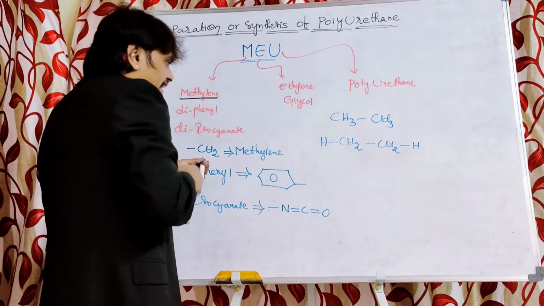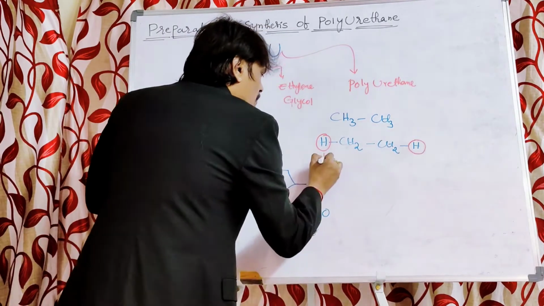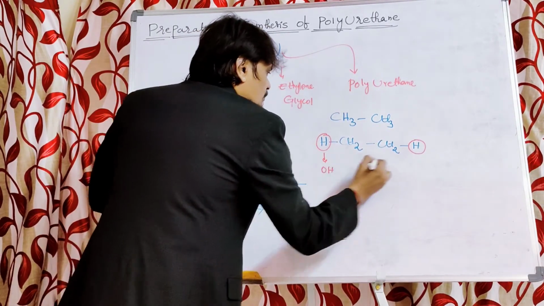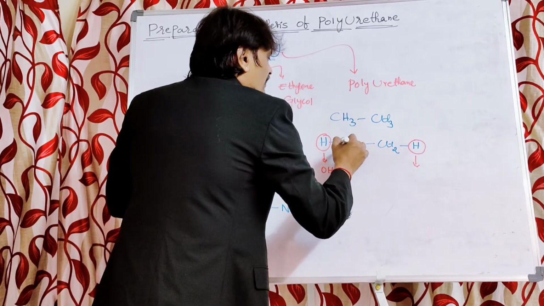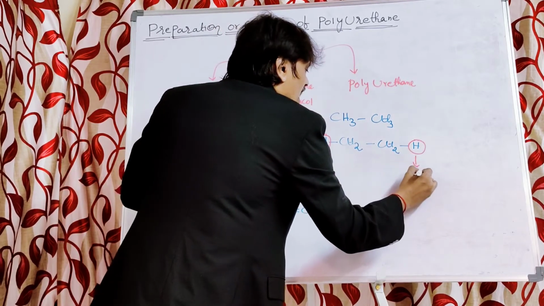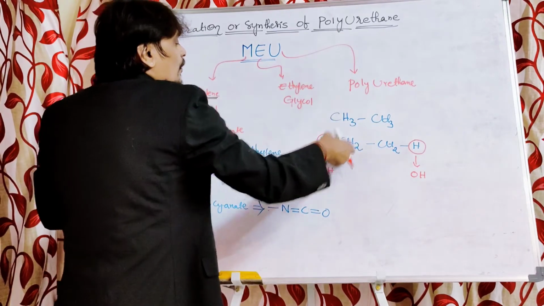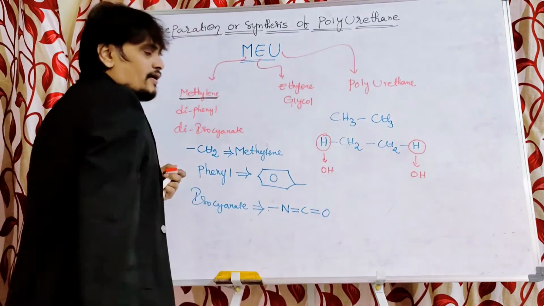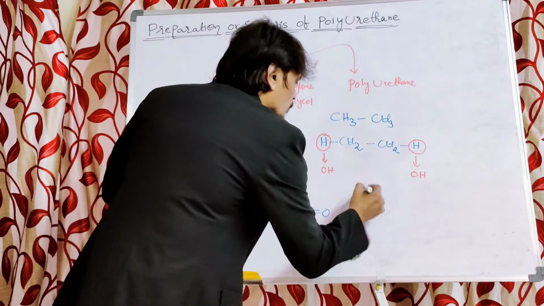Now, if these two hydrogens from the two carbons of ethane are replaced by hydroxyl groups, then the ethane structure will convert to ethylene glycol. Accordingly, what is ethylene glycol, students? CH2OH-CH2OH.